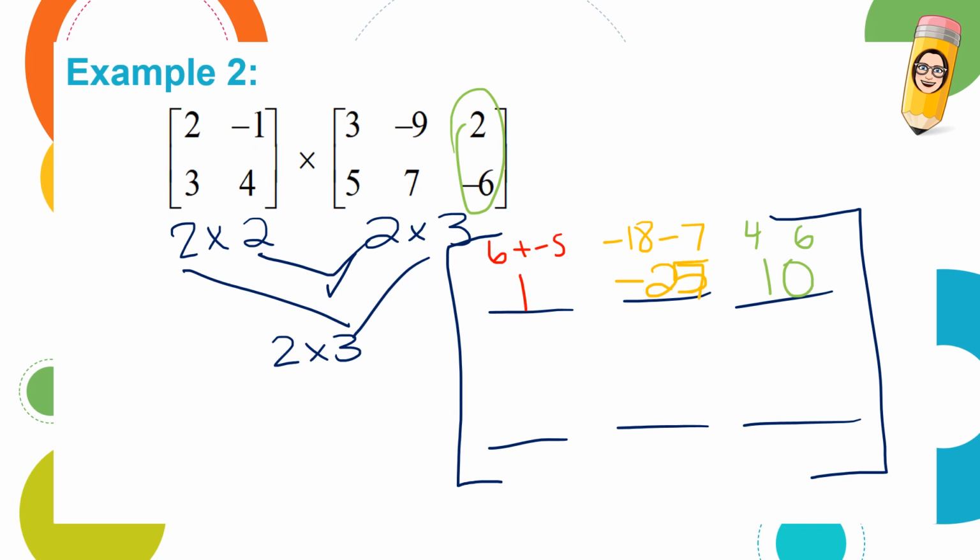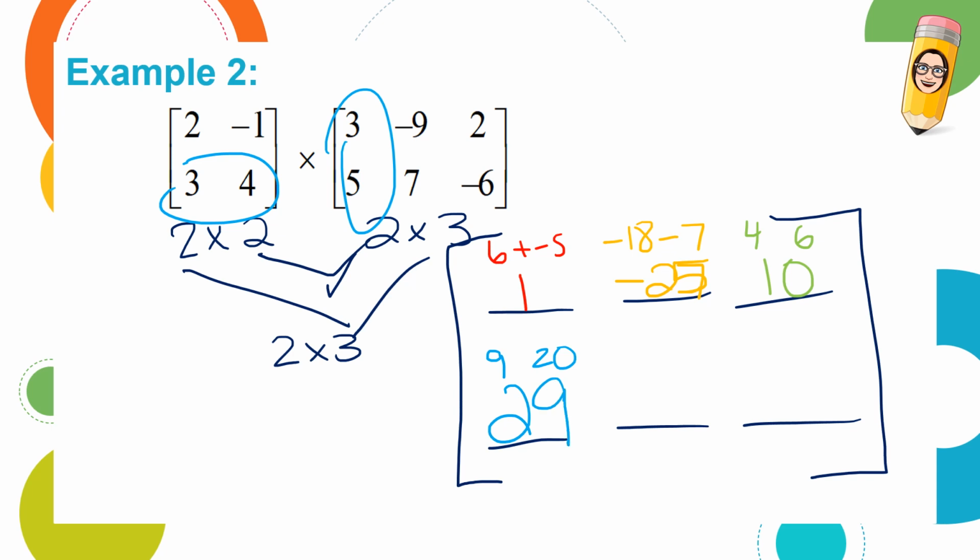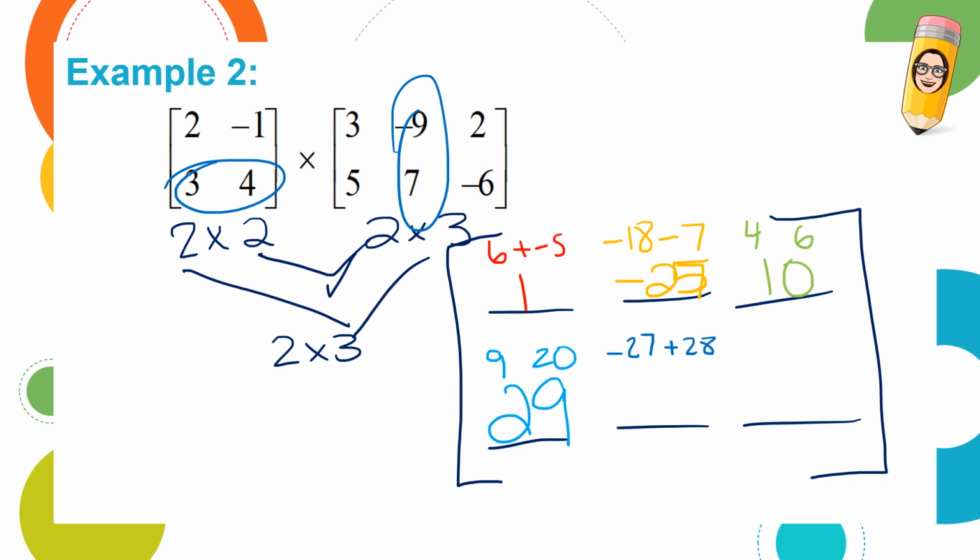Next, we're moving to the bottom. Bottom left. 3 times 3, 4 times 5, combine. Next, bottom middle. 3 times negative 9, 4 times 7, combine.